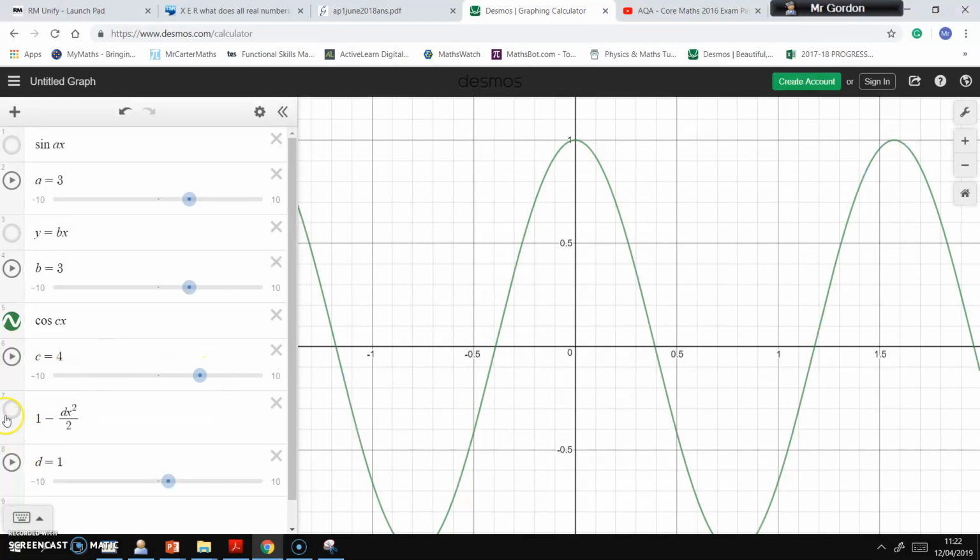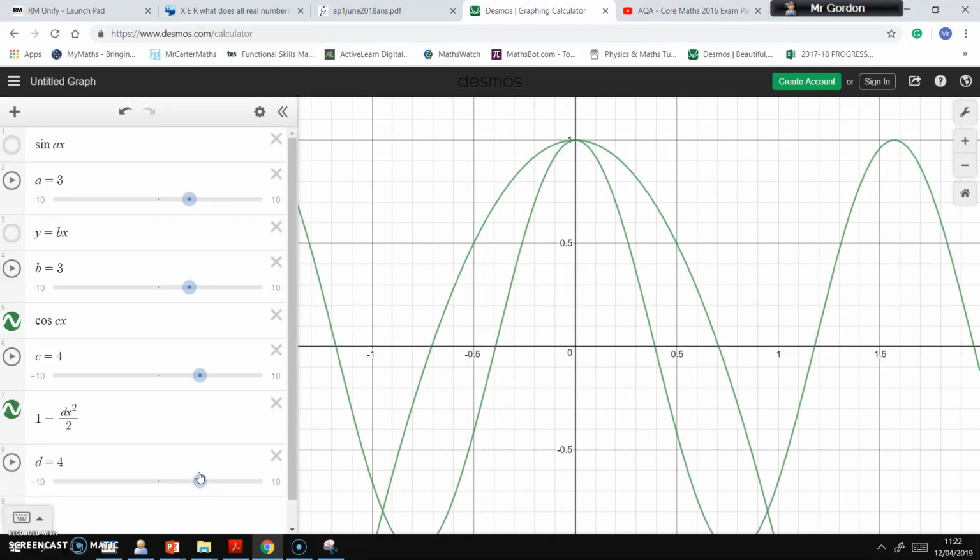So this curve here is an approximation for the cos curve. But we've changed the cos curve, so we're going to change our value of x to match it. So we get 4x, and you can see if I put that d up to 4, it's going to be approximately the same.